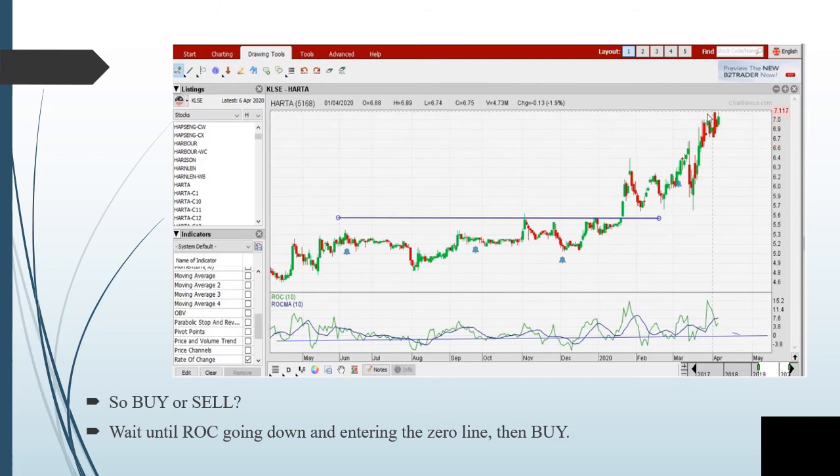Okay, so kita tengok contoh lah kat sini. Ini adalah daripada chart Nexus. Alright. So ini kat bawah ni adalah ROC. Tapi kat sini bila kita klik ROC kat sini, dia macam automatic ada sekali ROC dengan MA. Jadi it's okay.